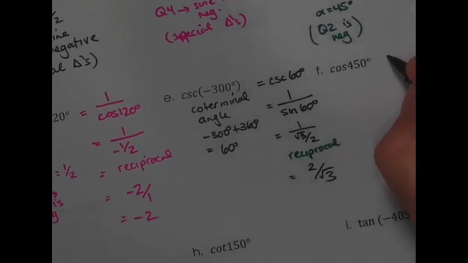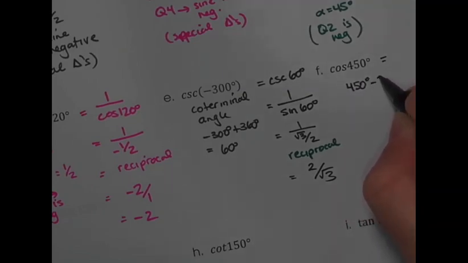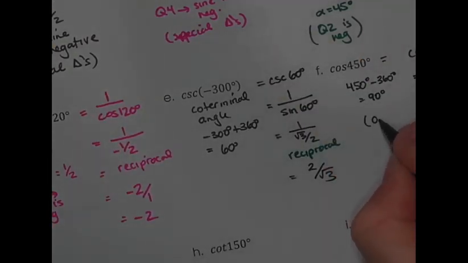All right. Cosine of 450. Well, 450 is not on my unit circle, so I might have to think 450 minus 360 is 90 degrees. So the equivalent of that is 90 degrees. And on my unit circle, that point is 0, 1.